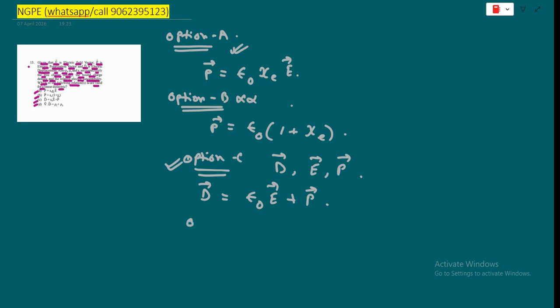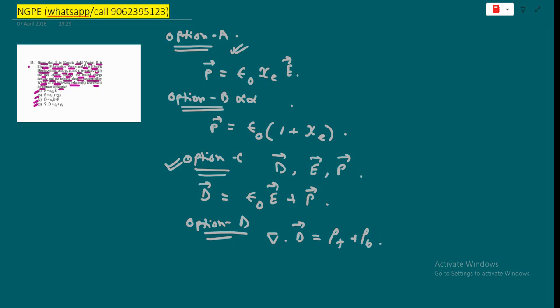Now come to option D. Oh, this is the Gauss's law trap. Look closely. Now listen to me very carefully. The whole point of inventing vector D was to ignore the bound charges, and vector D only cares about the free charges.